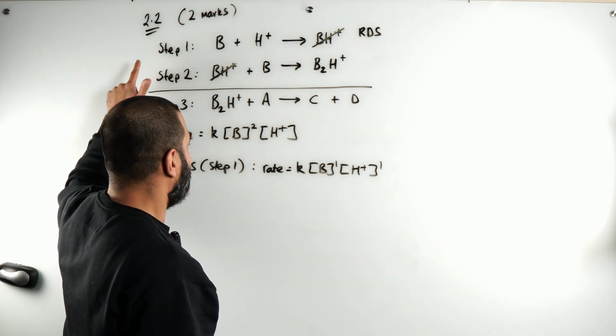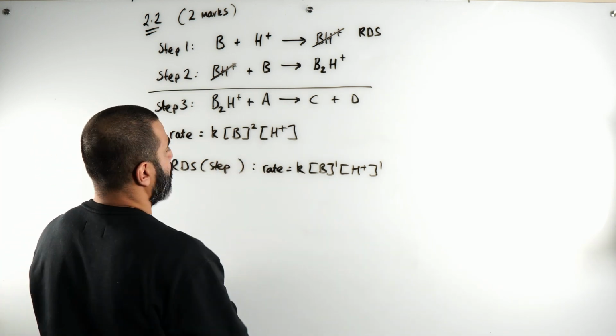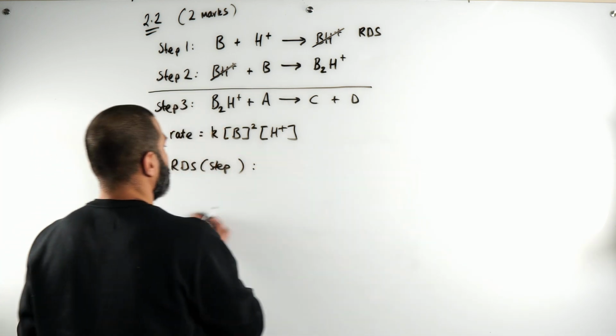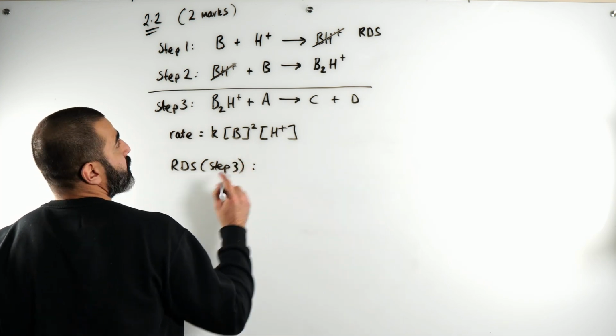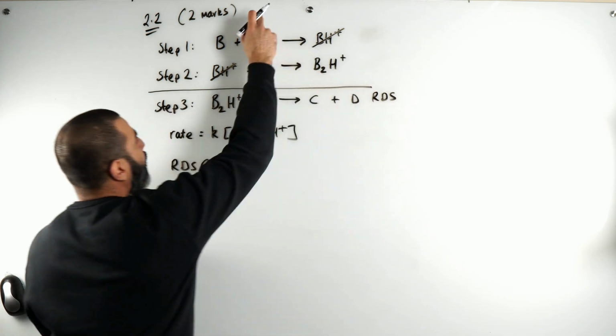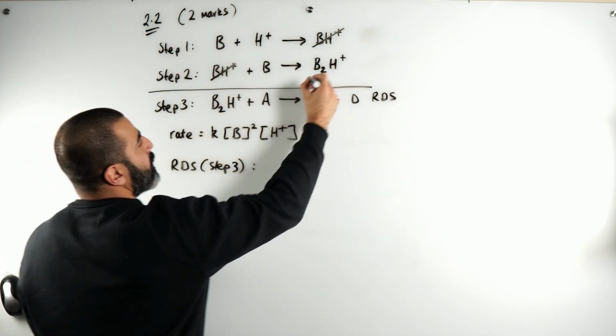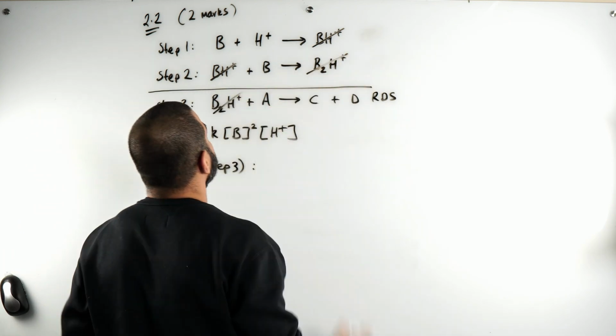Okay, that cannot happen. If you'd picked step 3, let's have a look at what step 3 would be. If you pick step 3 as the RDS, then we have to include all steps leading up to and including the RDS, so steps 1, 2, and 3, okay? Remember, these guys are intermediates, so they cancel out.